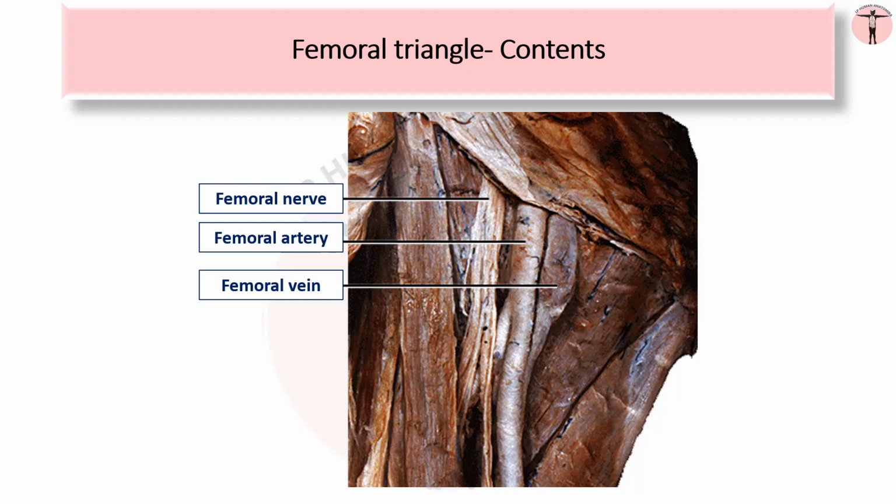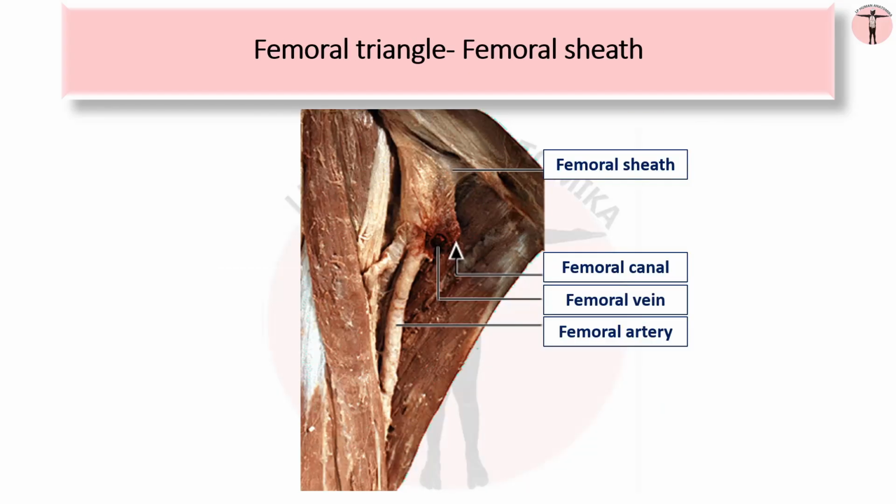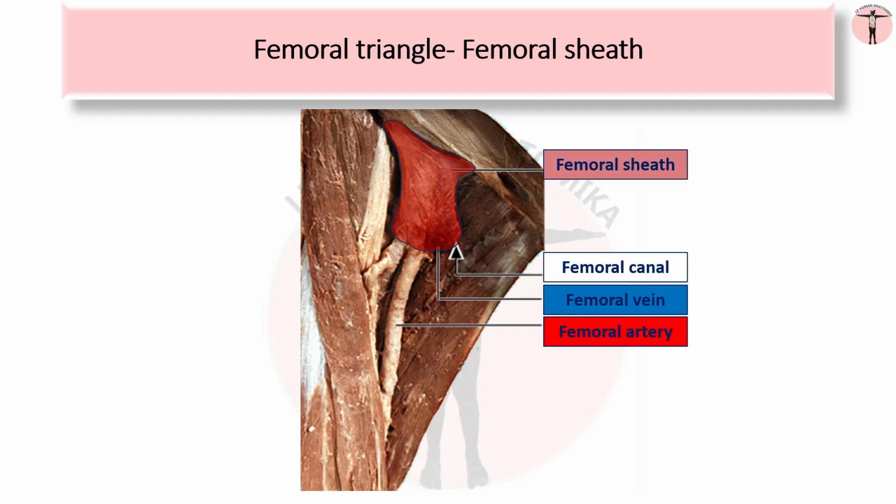In this dissected specimen, you can observe the three main contents from lateral to medial side very clearly: femoral nerve and its branches, femoral artery and the femoral vein. The femoral artery and the femoral vein are covered by a fascial sheath in the proximal part 3 to 4 centimeters beneath the inguinal ligament called as femoral sheath.